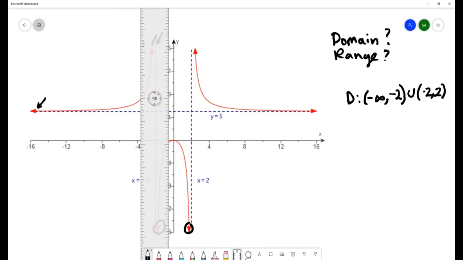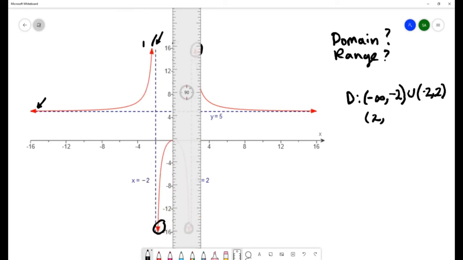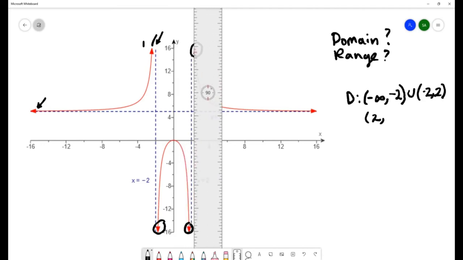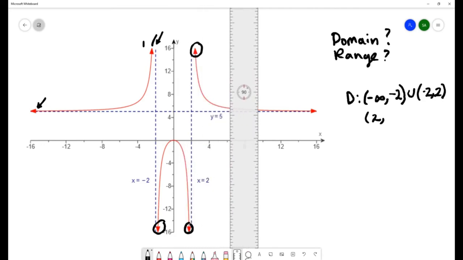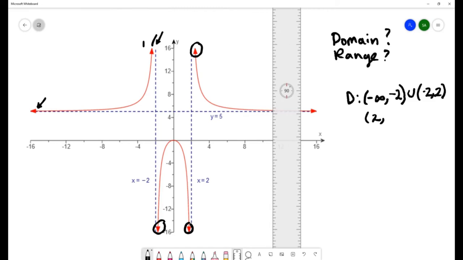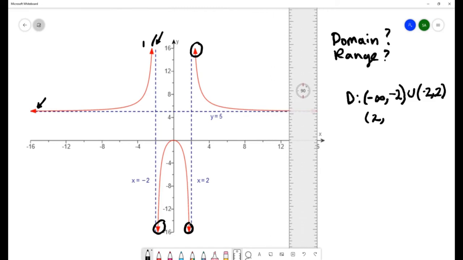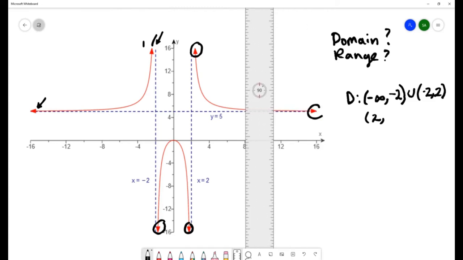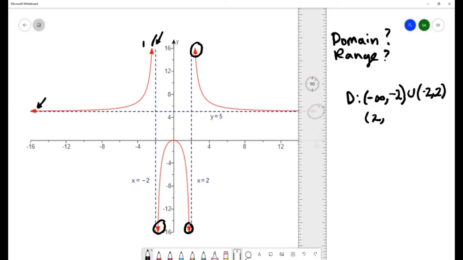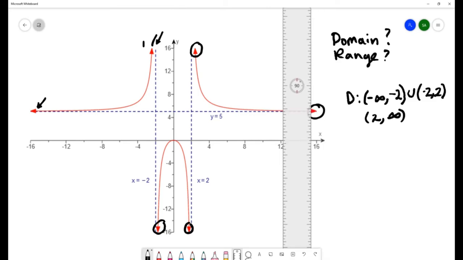Up here, the arrow continues to go up and to the left, never reaching 2 at x equals 2. So we're going to start our interval at 2. And then the graph continues on all the way this way. So all of these x's are included all the way, and this arrow tells us that it's going to go to infinity. So that's our interval notation.